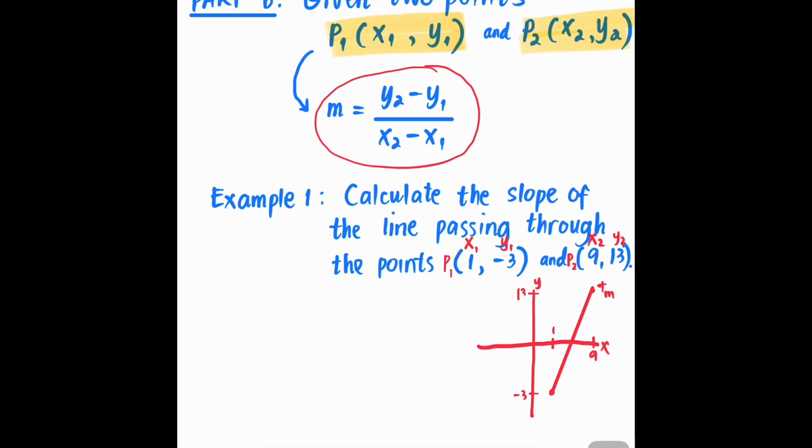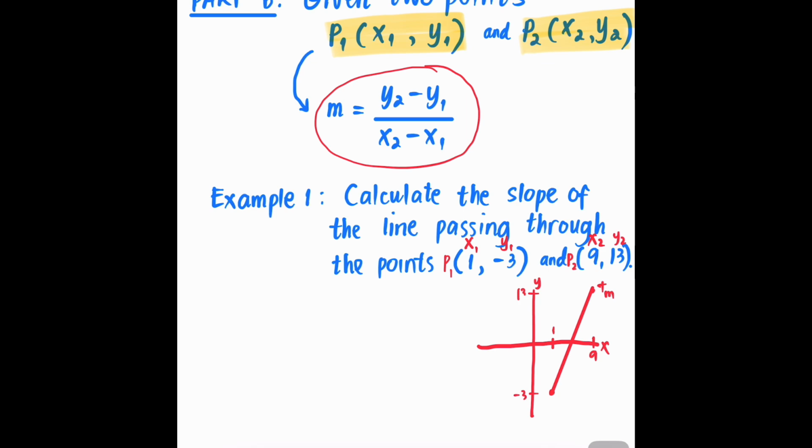Now, if you want, you can actually interchange the points. So if, for example, you want to use (9, 13) as your first point and (1, -3) as the second point, it doesn't matter. You will get the same value for the slope.